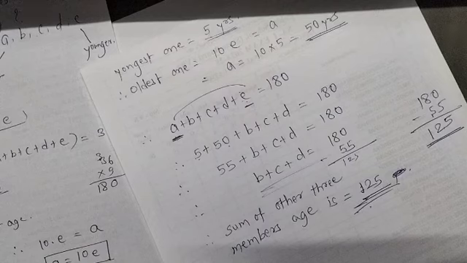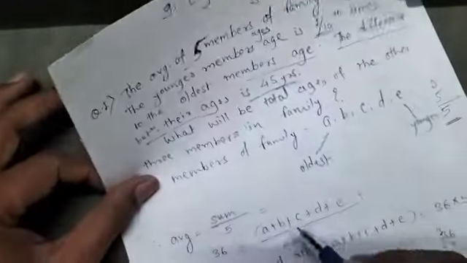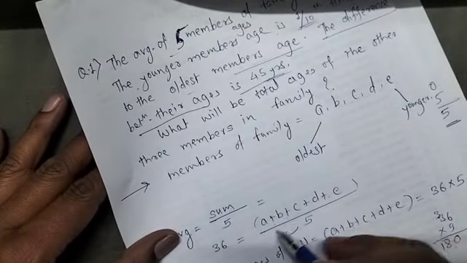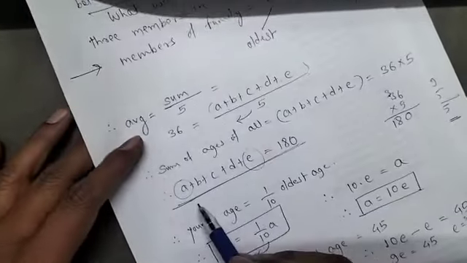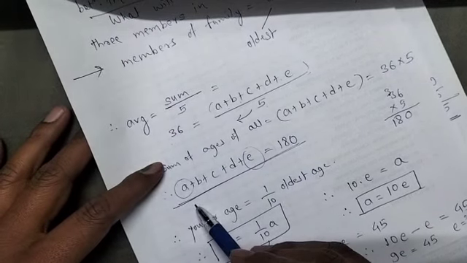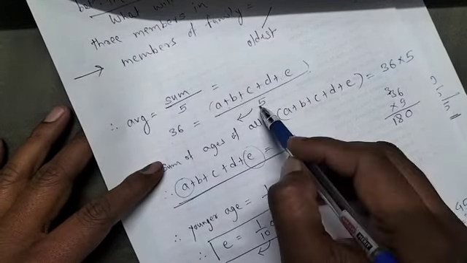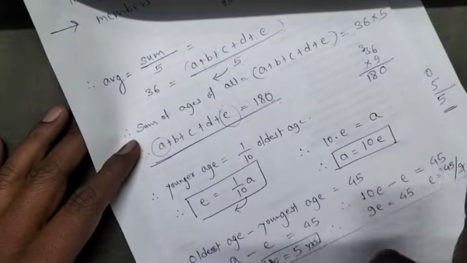So how have we solved this problem? First, once again we revise it. The average of 5 members, A plus B plus C plus D plus E upon 5, is equal to 36. Then we found the sum of all the 5 members' ages, that is 180. 36 into 5 is 180. Then we are provided with two conditions.